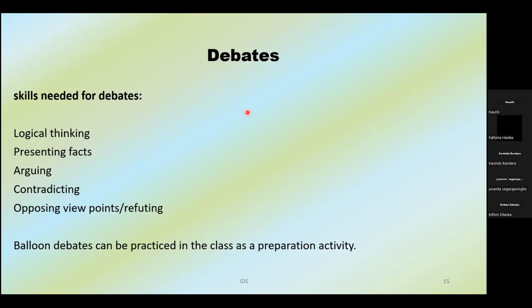Thereby, we can't expect the learners to engage in these kinds of activities at once. They need plenty of practice in terms of language and in terms of content. If they don't have the content, they won't be able to speak.